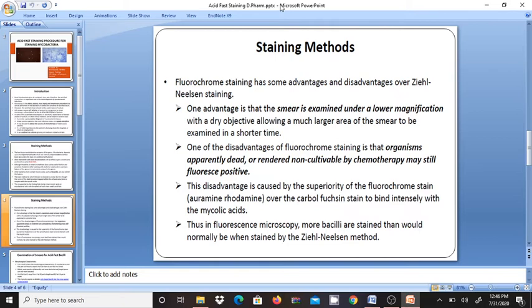This disadvantage is caused by the superiority of the fluorochrome stain, that is auramine rhodamine, over the carbol fuchsin stain to bind intensely with the mycolic acids. Thus, in fluorescence microscopy, more bacilli are stained than would normally be when stained by the Ziehl-Neelsen method.